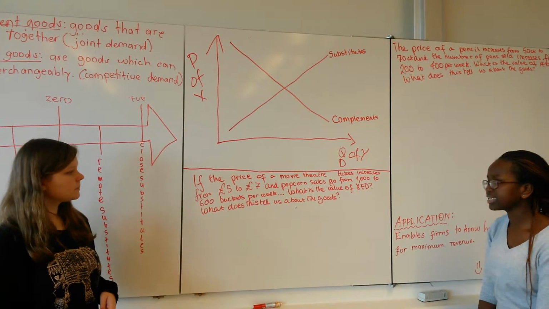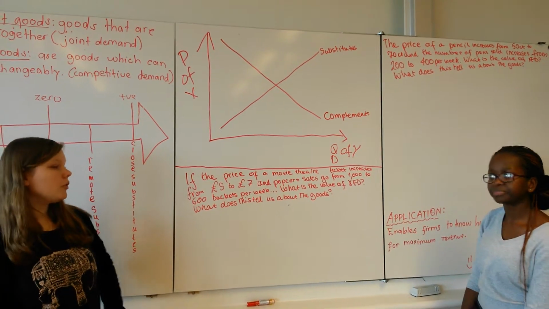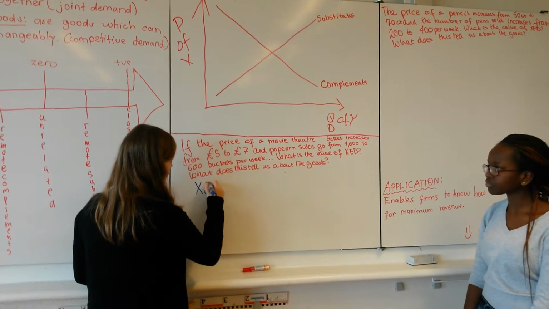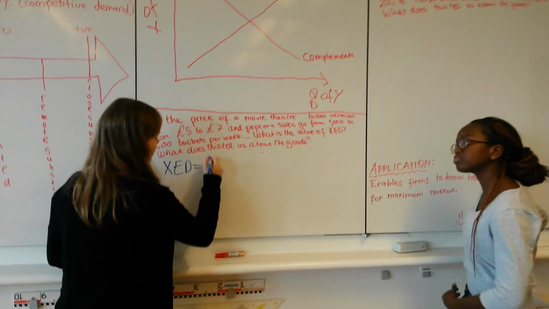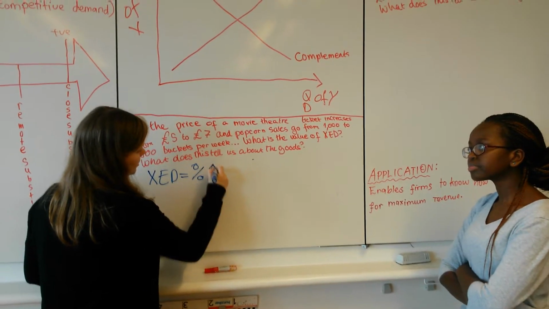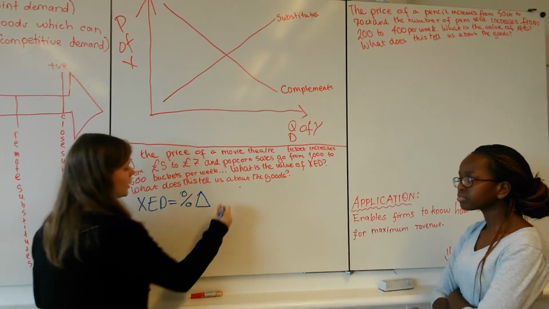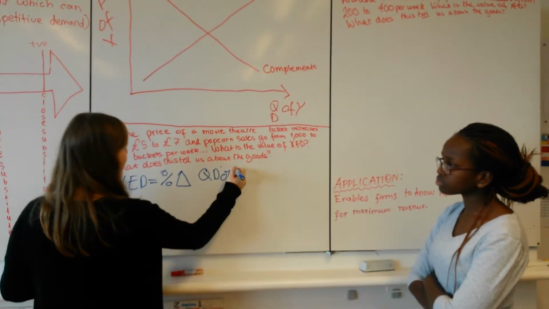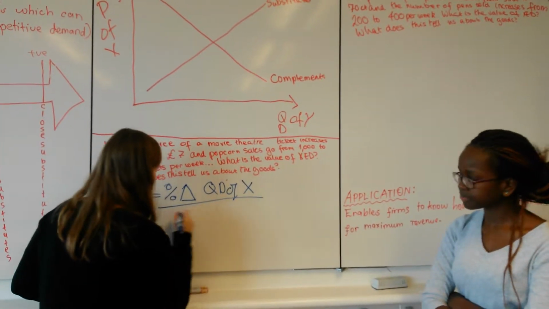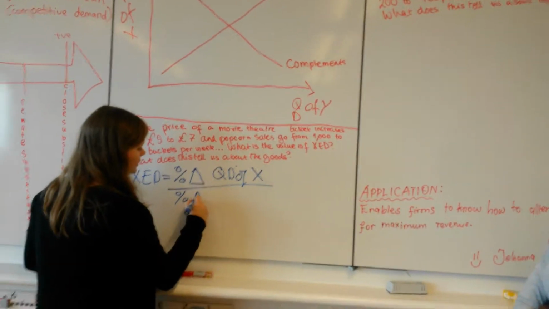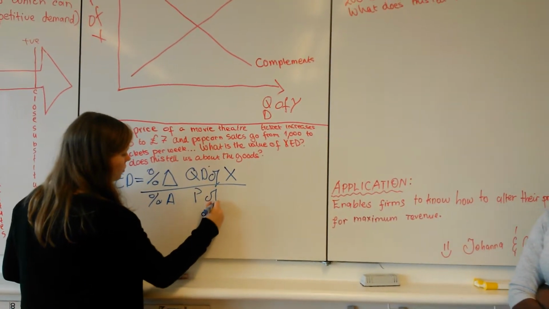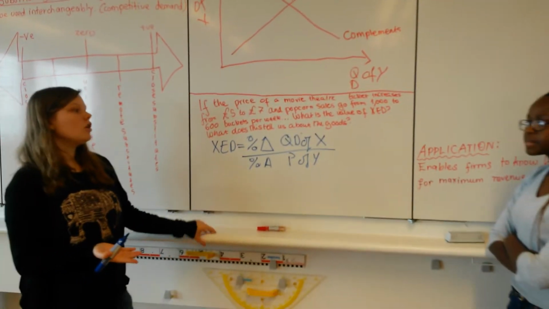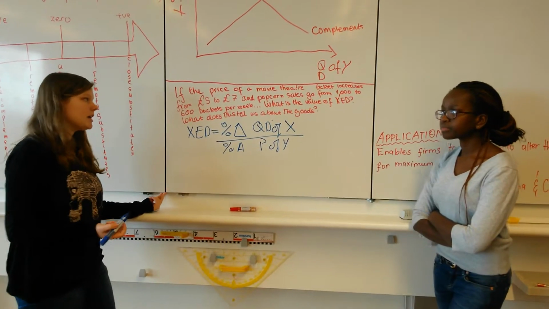Johanna, can you give us an example of how to calculate it? Before, we told you about the formula, which is XED is equal to the percentage change, which is represented by this triangle called delta, in QD of product X, divided by the percentage change in price of Y. First, you have to calculate percentage change, which can be done using some simple mathematics.